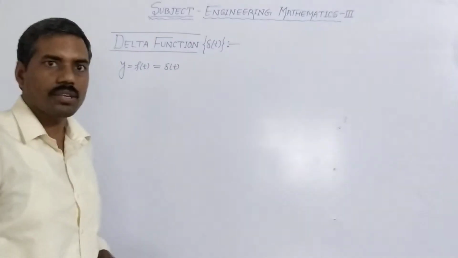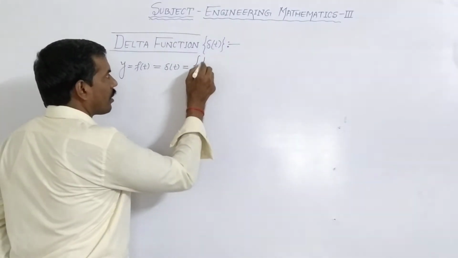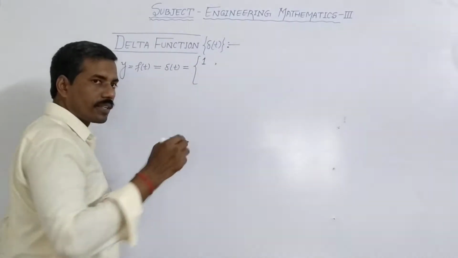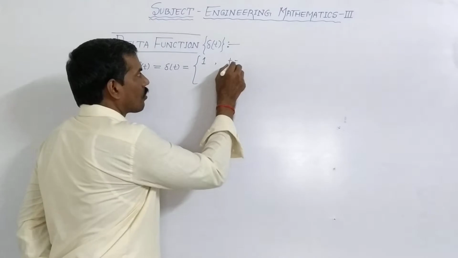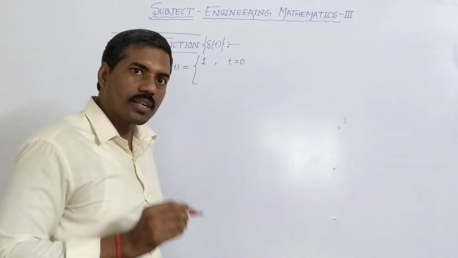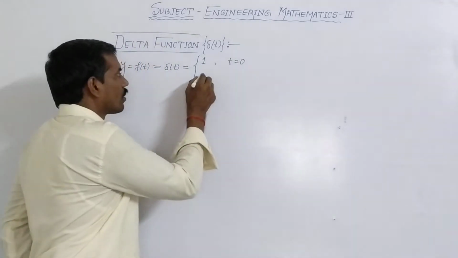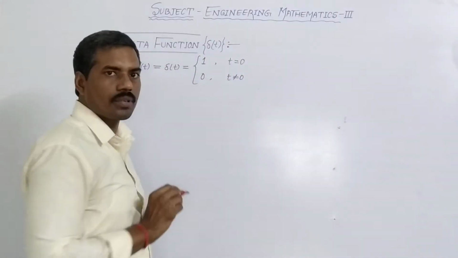The definition of delta t is: delta t is equal to 1 when t is equal to 0, and delta t is 0 when t is not equal to 0.